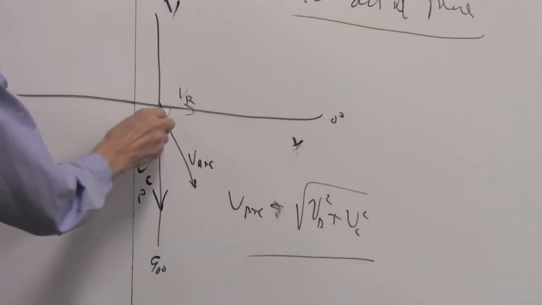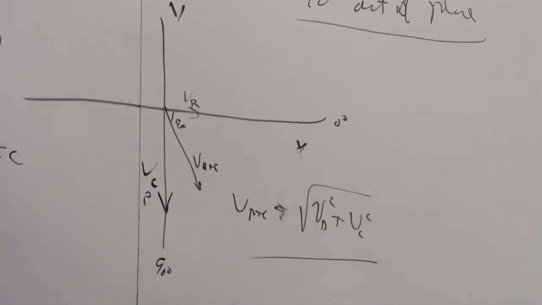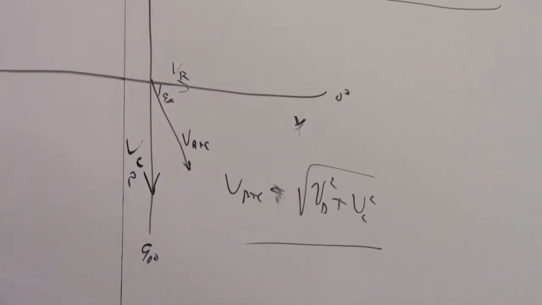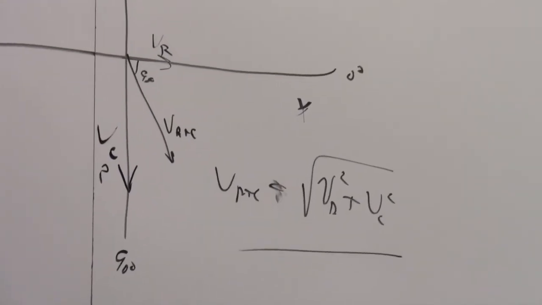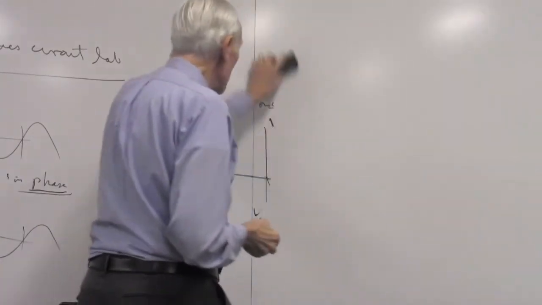And this phase angle here, you want to check with part A and see that, as far as you can tell, within your experimental error, which we need to talk about quite a little bit later, that angle is 90 degrees.